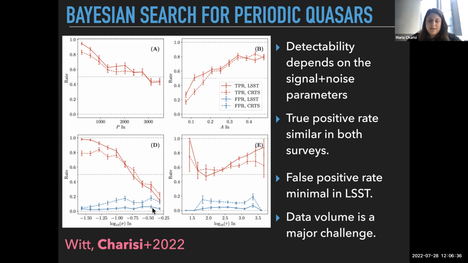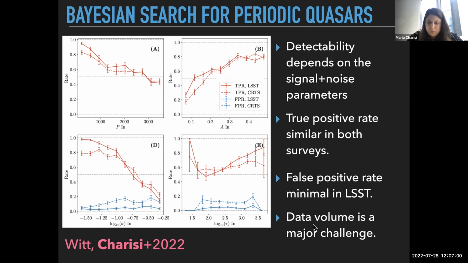For LSST, this is significantly suppressed to about 3%. So I guess overall we have good news and bad news. The good news is that the false positive rate becomes much lower in LSST from the quality of the data. The bad news is that we are still missing a lot of the signals. So the detection rate is similar to our current capabilities at 60%.